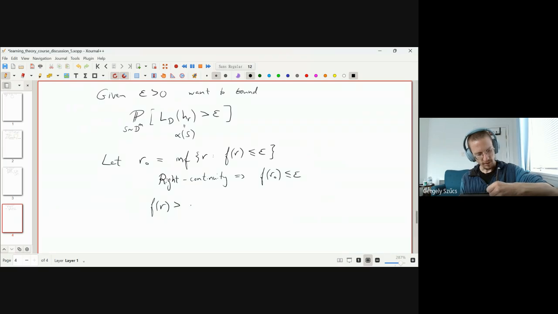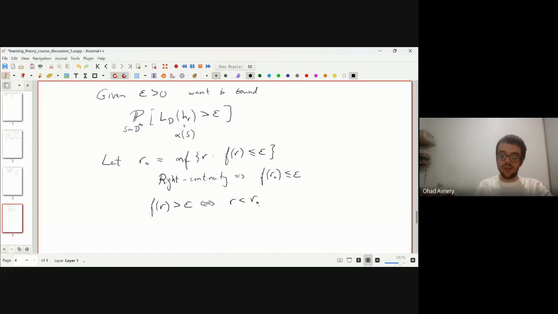F of R is greater than epsilon if and only if R is less than R0. Yes, so that's exactly the way to formalize the point that R0 is the cutoff point. We'll say that we're in a bad set if our radius is less than or equal to R0.